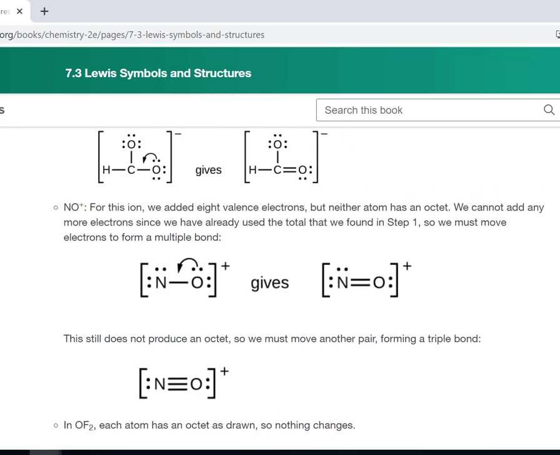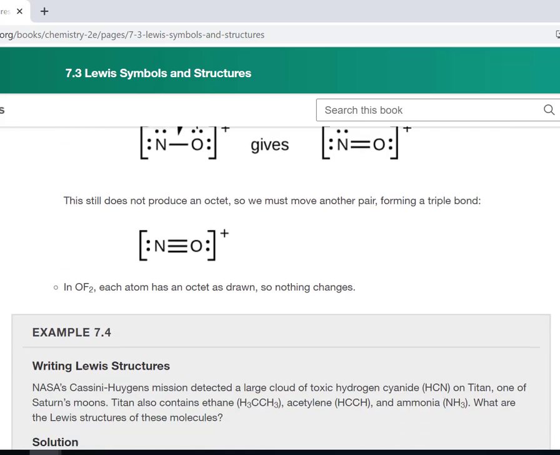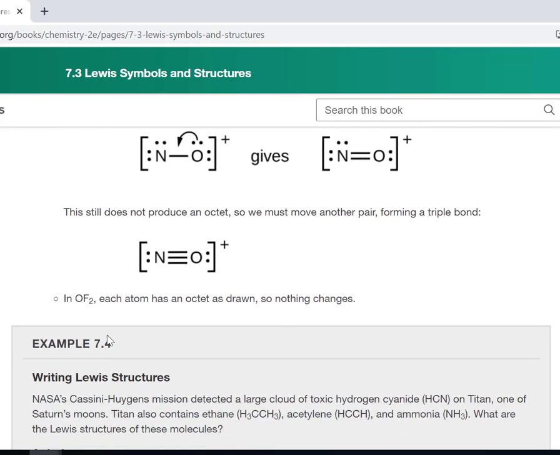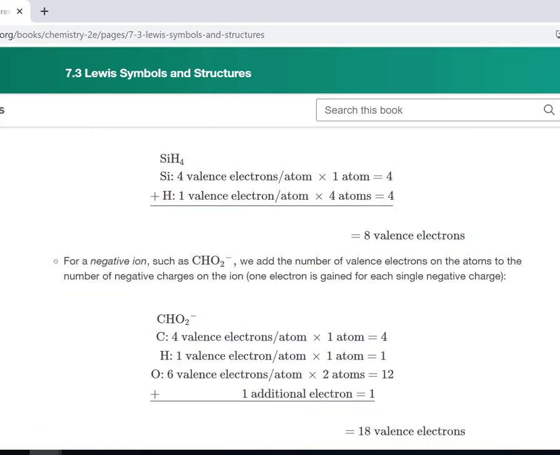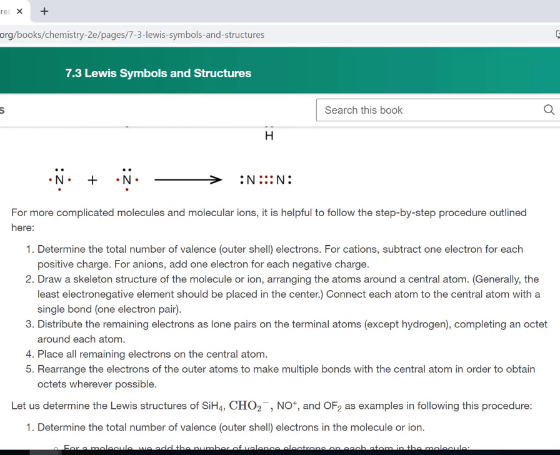We've gone through a couple of examples here already. I would highly recommend going through example 7.4 and doing a few more examples of writing Lewis structures. Let me go back to our set of guidelines. When you're drawing Lewis structures, you always want to try to go through these 5 steps to make sure that you have the correct Lewis structure.